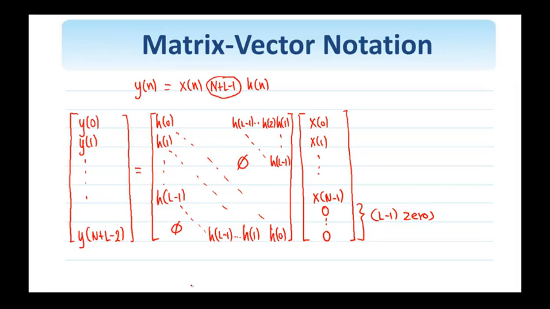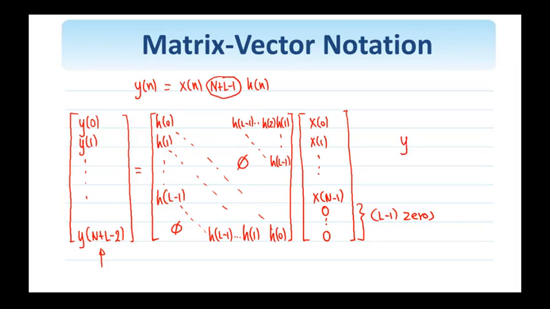It's easy to verify that indeed the values you obtain by carrying out this matrix vector multiplication, these y values, are equal to the values we obtained from the linear convolution as shown in the previous slide.